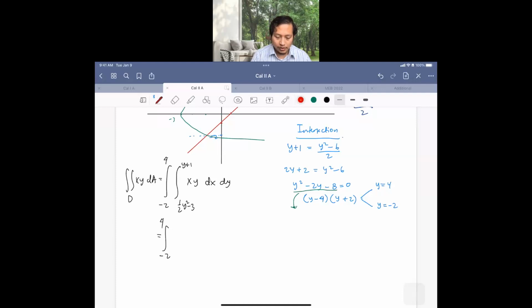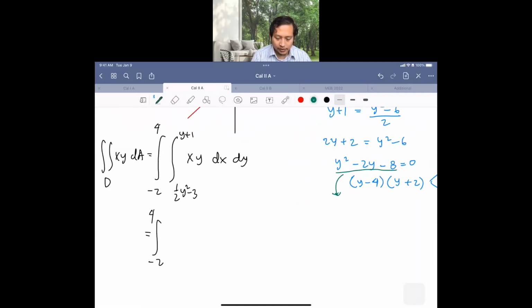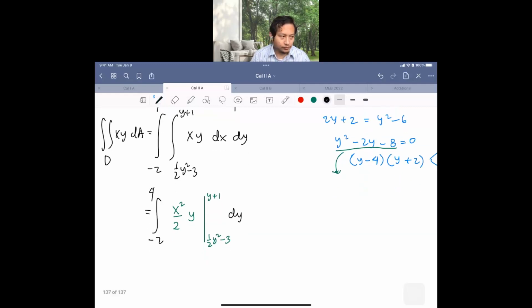And then you can set up the integrals. So we can do the inside integral with respect to x. So we'll have x squared over 2 and y. So we can set up evaluations from half y squared minus 3 and y plus 1. And then dy at the end.